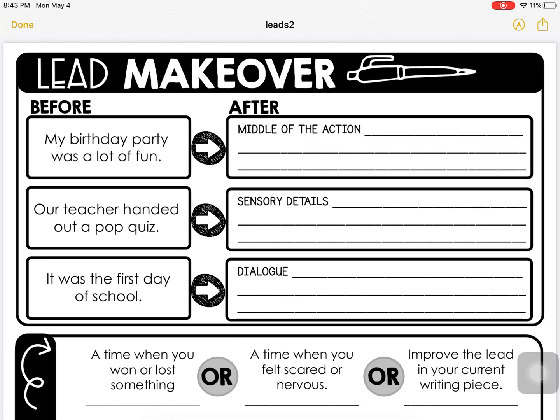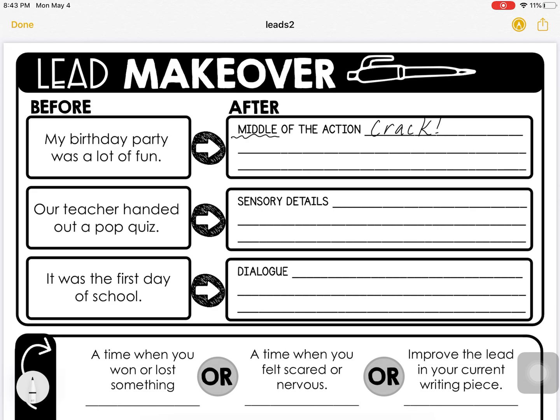My birthday party was a lot of fun. That's just not very exciting, not intriguing or interesting. So let's start with the middle of the action. I'm going to ask myself, what was the best part of one of my childhood parties? What I remember is a piñata and all the candy bursting out. So I'm going to start with that, the middle of the action in the story.